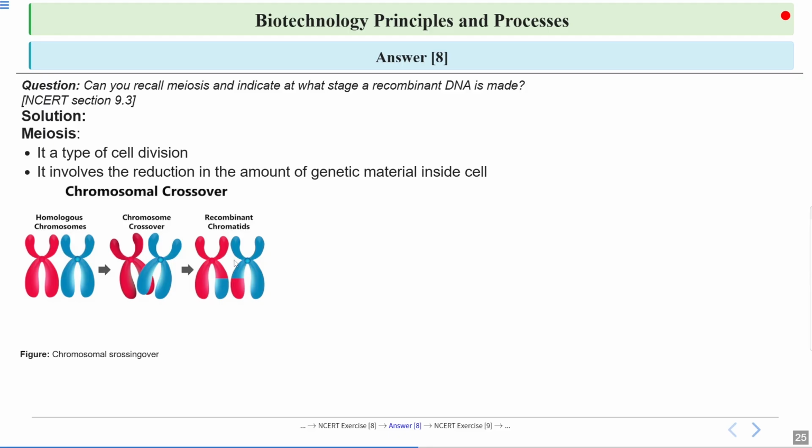Now when they get separated at the time of cell division, you can see this is a new recombination of the genetic material, and that is why they are called recombinant chromatids. And this process is called chromosomal crossing over. Due to the crossing over, there is an exchange of genetic material.